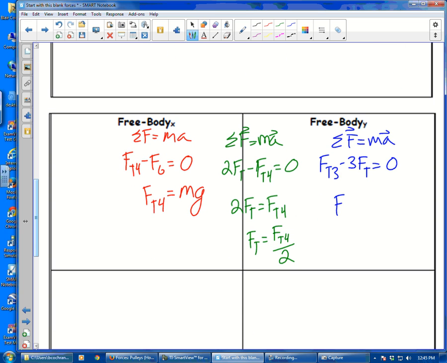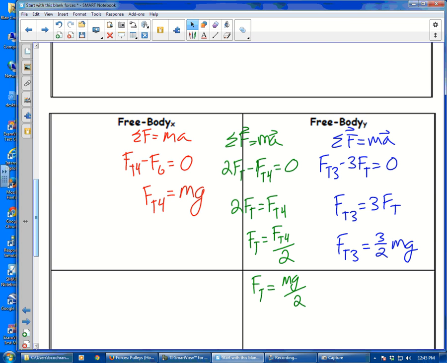So FT3 equals 3FT. So that means FT3 equals, let's see, 3 halves mg. Because here we have FT is mg over 2. That should do it. Let's see if that's right.